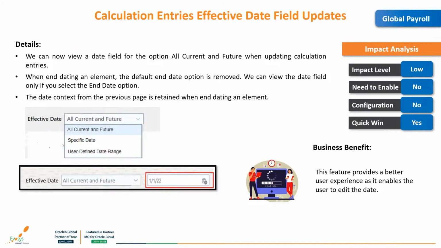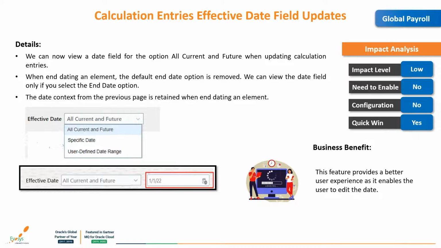So the next feature is calculation entries, effective date field updates. The calculation entries is a page wherein all the element entries are grouped in different categories. In there we have a category called standard entries. Standard entries lists down all the element entries which are available as standard for the employee.